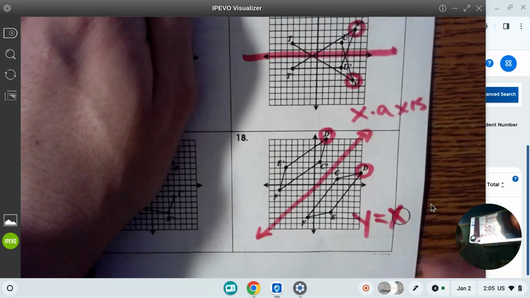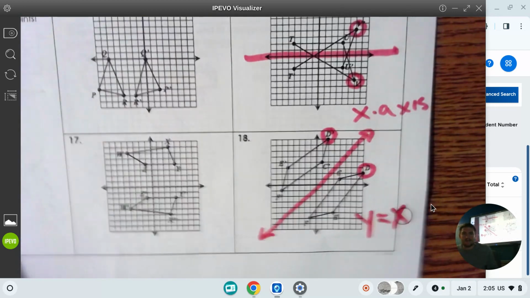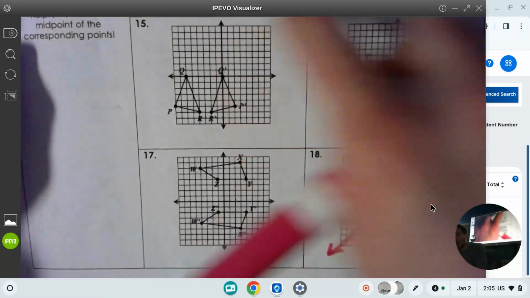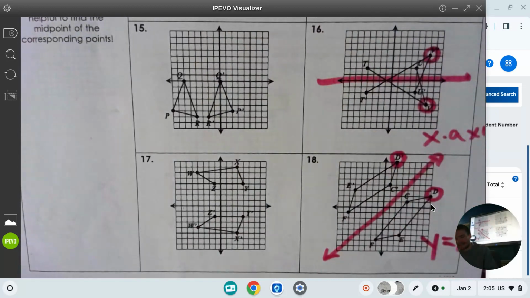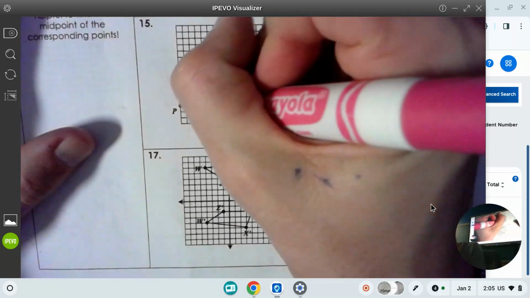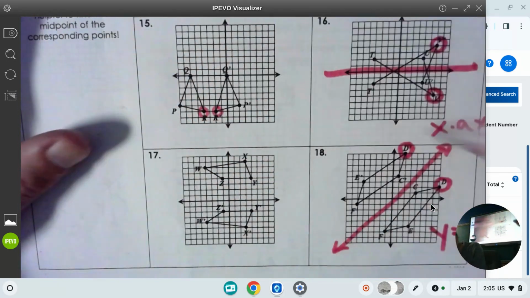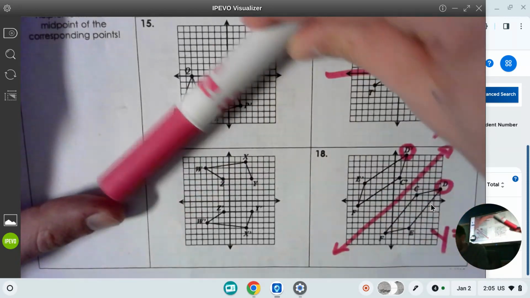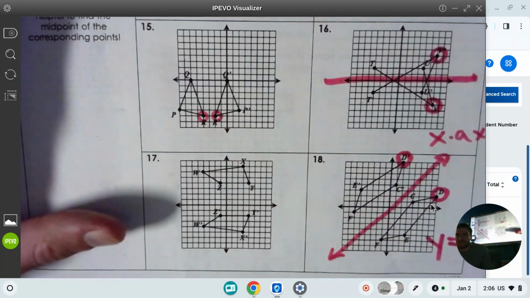Y equals x. Now the 2 that we skipped, because all of these that we've done, y-axis, x-axis, y equals x, none of those would work for these 2, okay? If I see R and if I see R prime, right? I mean, y equals x doesn't really work. No, none of those really work.